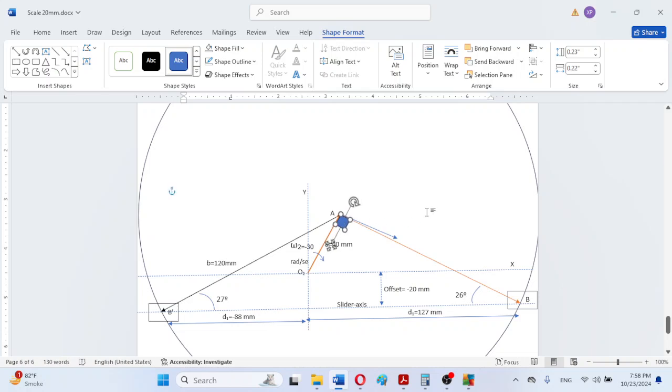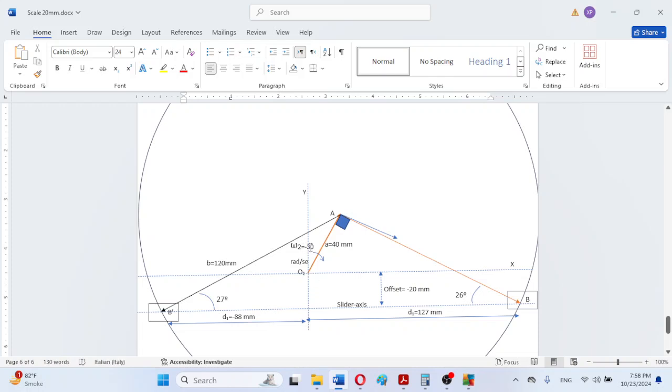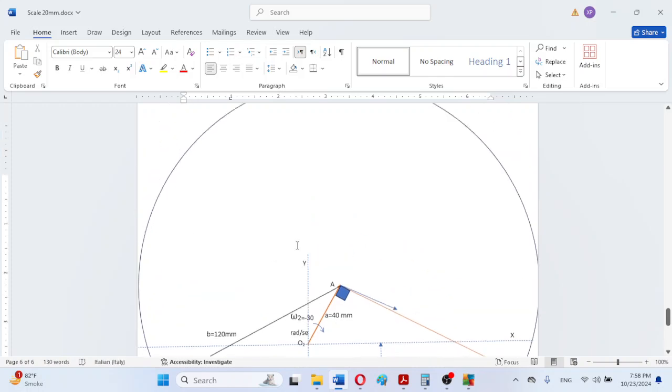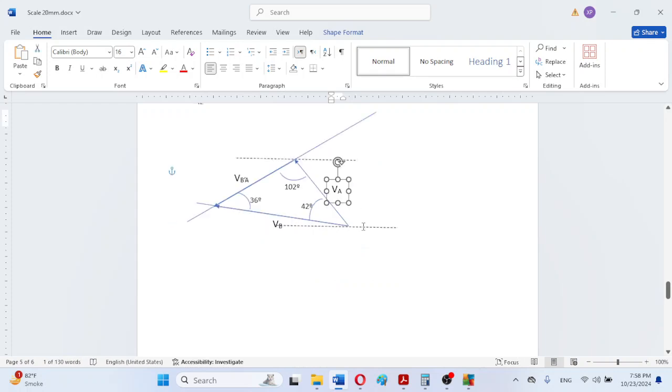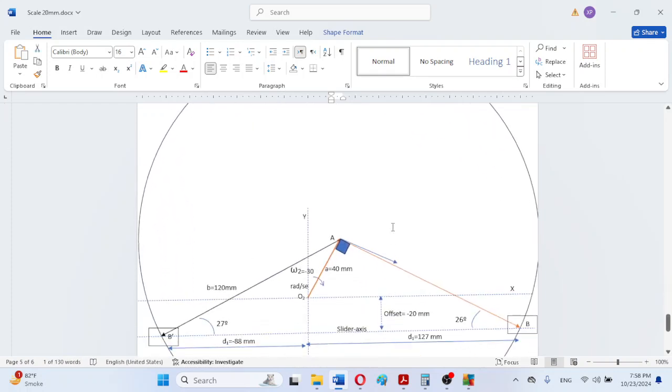So now our task is to mention this velocity VA. We can copy the label from here and paste it, and then move the label here.